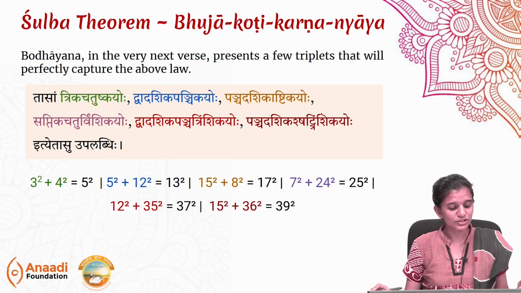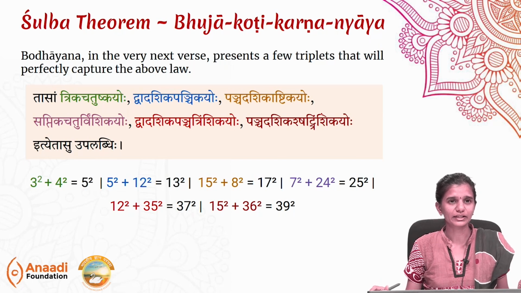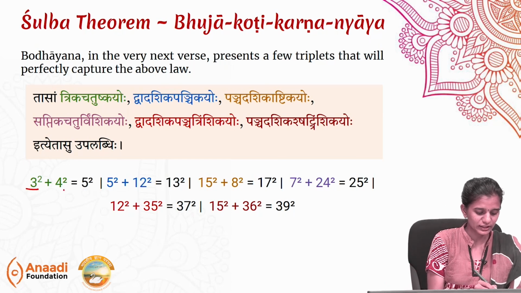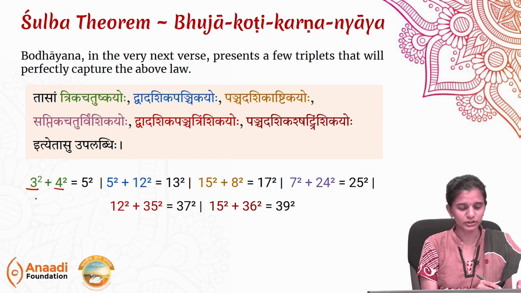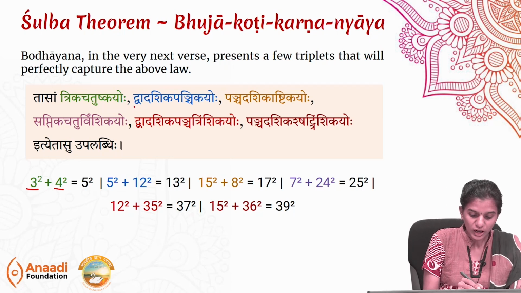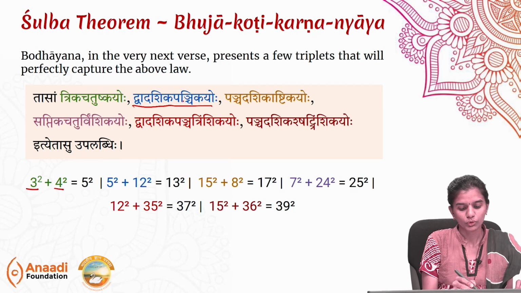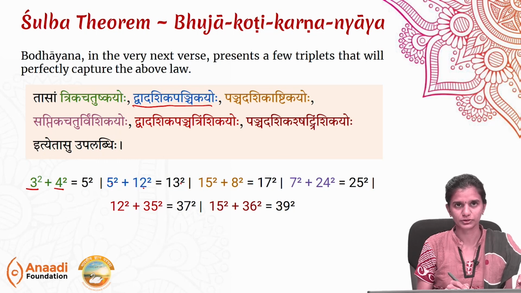Tasam trikachatushkayoho. So, he says a rectangle of sides 3 and 4 will obey this law. That is, 3 square plus 4 square will give 5 square. Dwadashika panchikayoho, which means 12 and 5. So, 5 square and 12 square will give us 13 square.